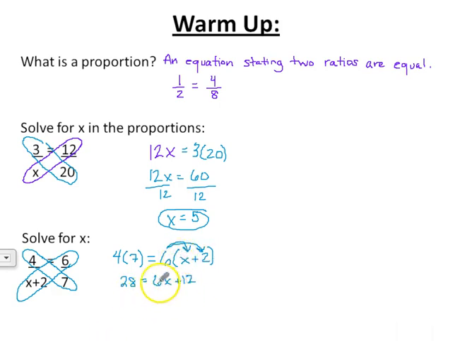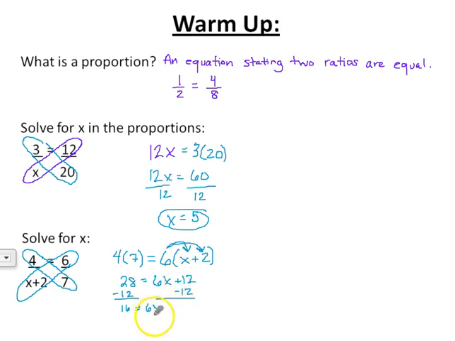So now we're using our algebra skills. We need to get x alone, so I'm going to start by subtracting 12 from each side. And we're left on the right side with 28 minus 12, which is 16. Set that equal to 6x. The 12s have canceled out.